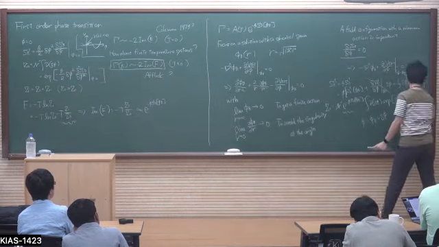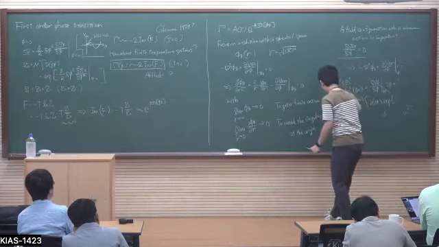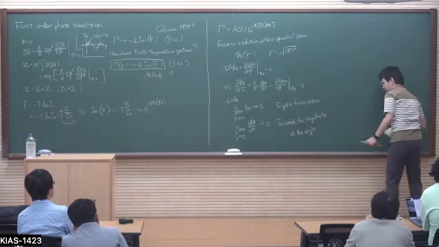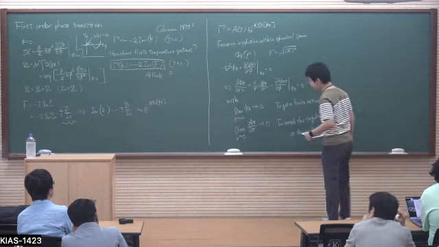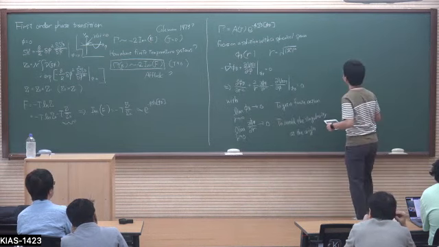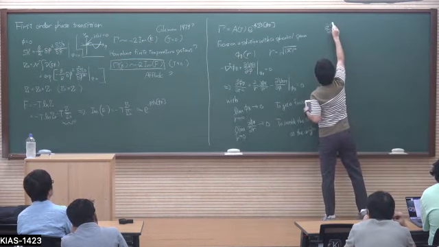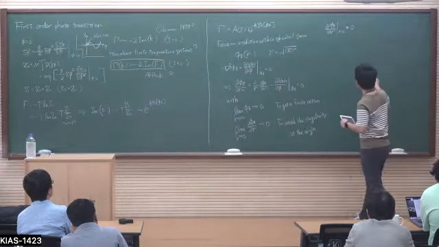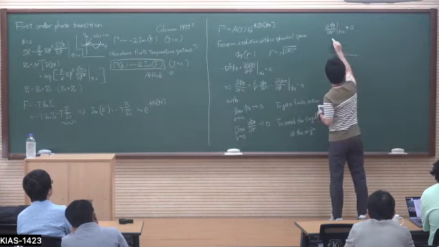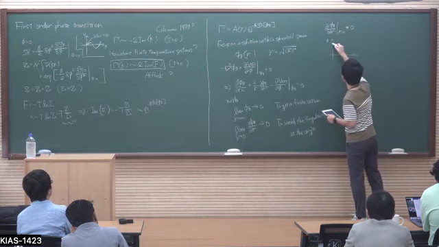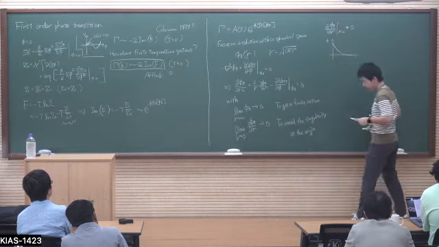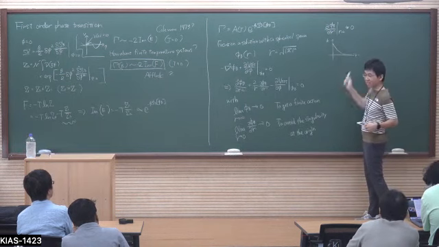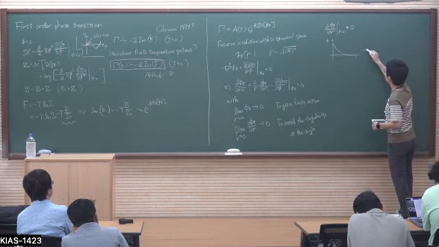So I will explain the meaning of the condition. Let's consider the case where this boundary condition is not satisfied. Then, for example, since the derivative at the origin is not zero, we may find such a solution.